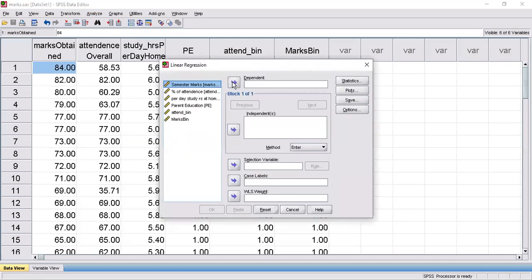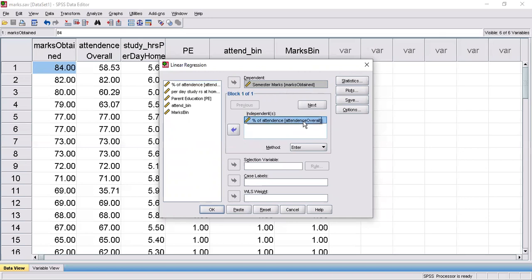Now I bring semester marks as my dependent variable and percentage of attendance as independent. So I am doing a simple regression analysis: y as dependent variable marks, x as independent variable, and I am interested in making a regression equation: marks equals beta 0 plus beta 1 attendance.